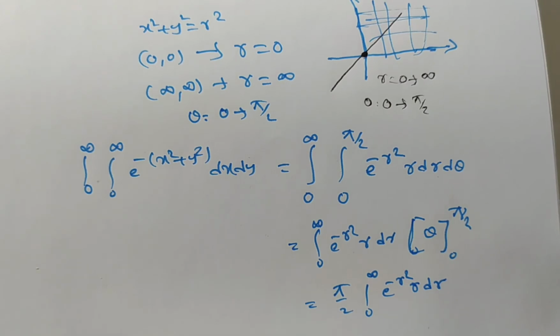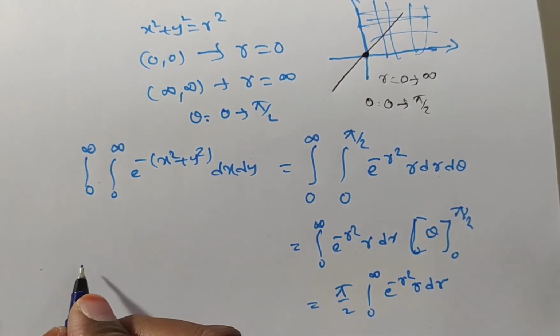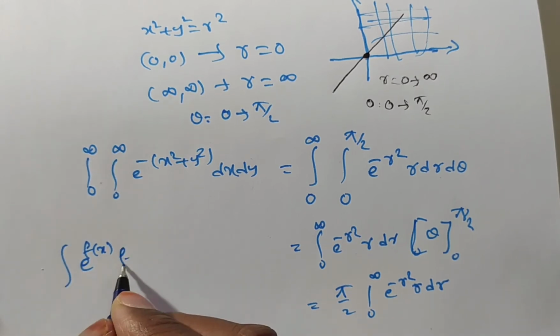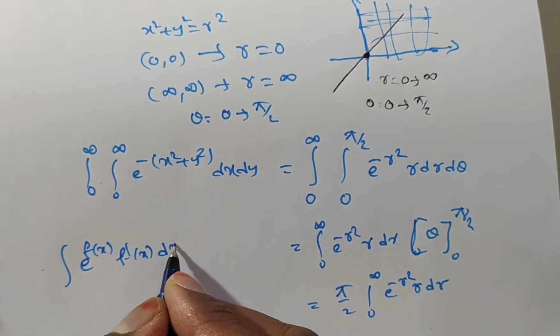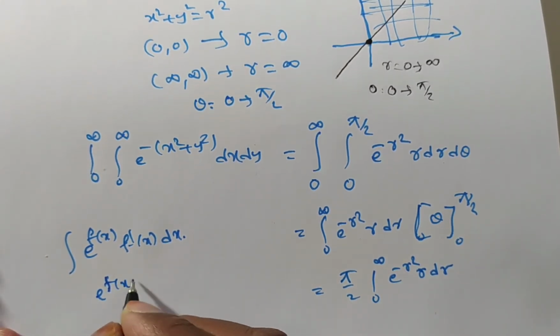So friends, you can put r square equal to some other variable t. By change of variable you can do it as a single variable integral, or else you can use another formula. The formula is: you have e to the power of f of x, integral of e power f of x into f dash of x dx, then directly you can write e to the power of f of x only, with the limits.